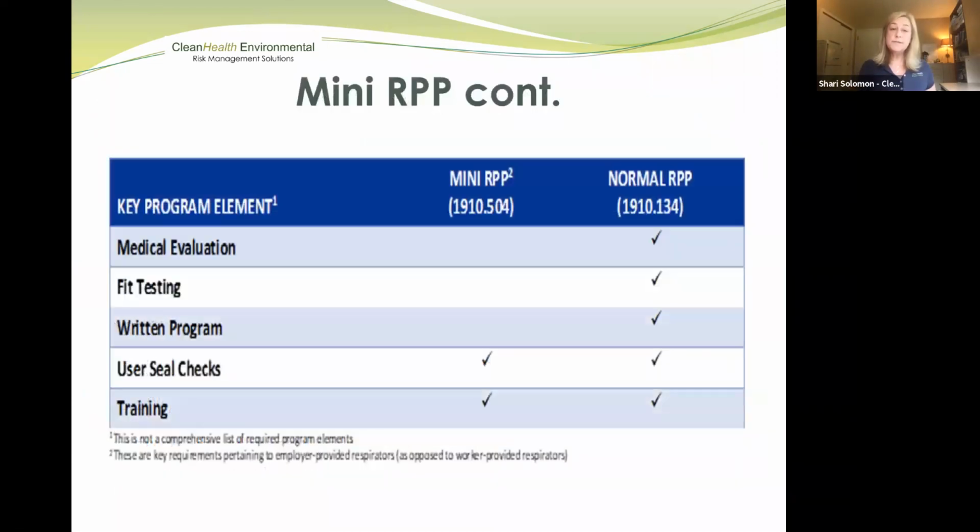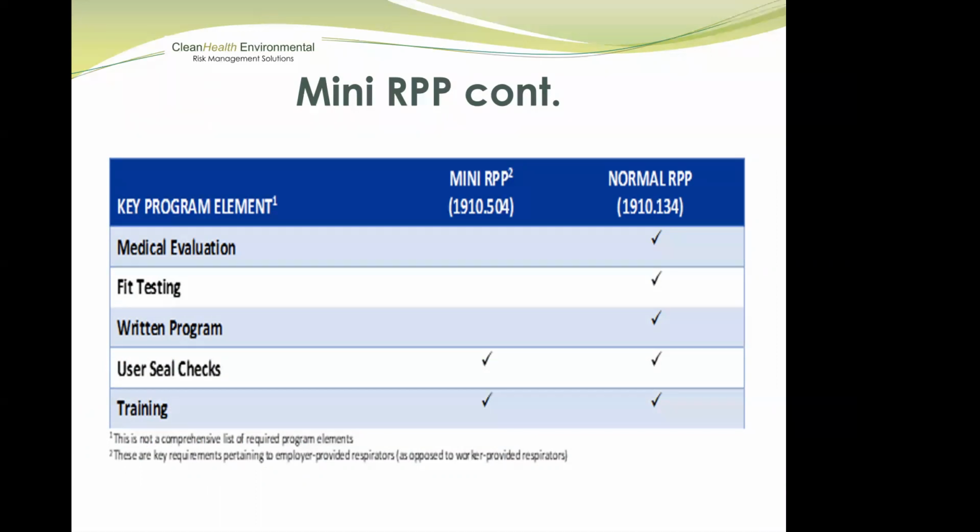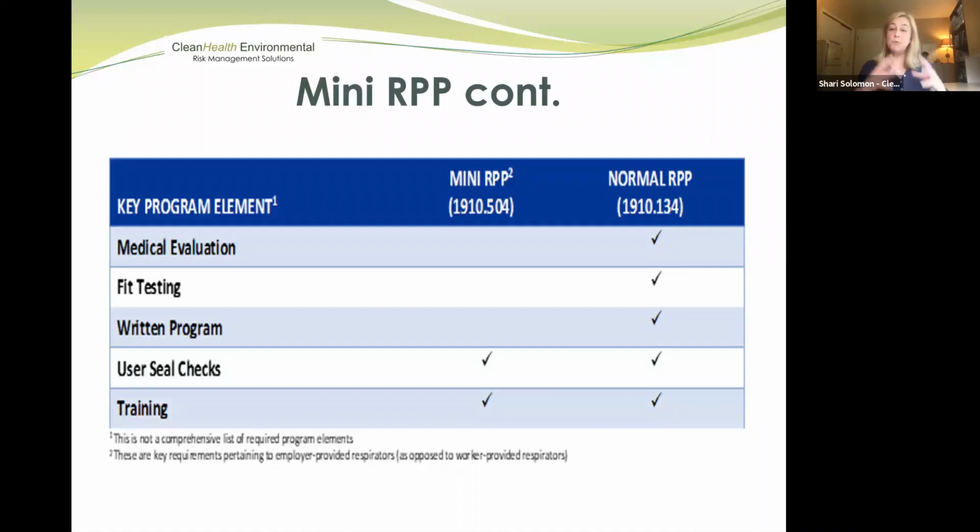So in the circumstances, again, where there's no OSHA mandate to wear a respirator, then you can implement a mini respiratory protection program. And this is where folks are wearing a respirator, an N95 generally, in lieu of a face mask.